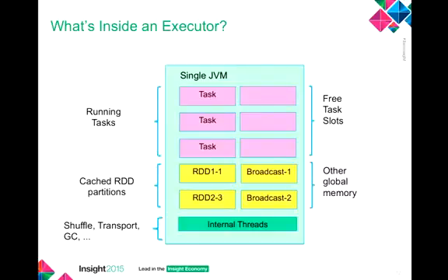An executor is basically a Java virtual machine, and it has the ability to run tasks. It has these things called slots, where maybe I have 6 tasks I can run in this executor. I'm running 3 right now, and 3 are free, so I can use those for something else.